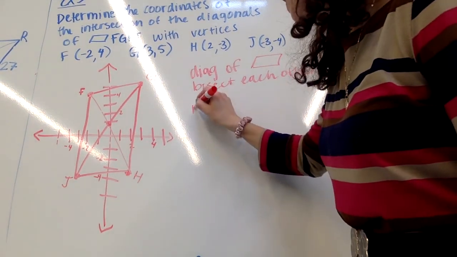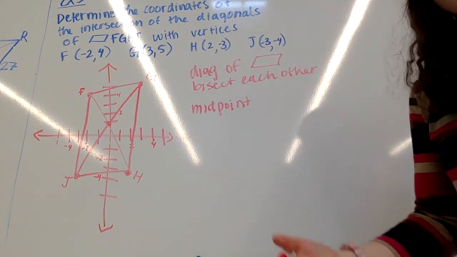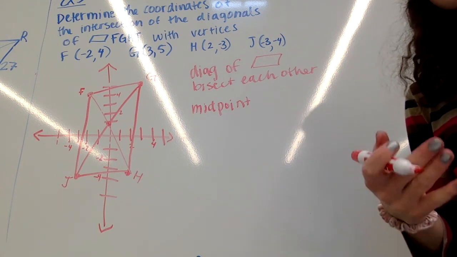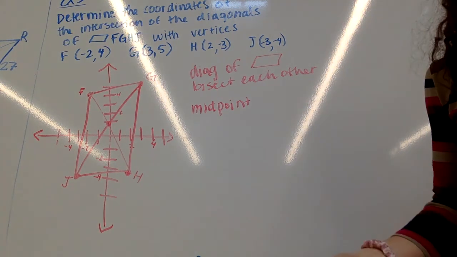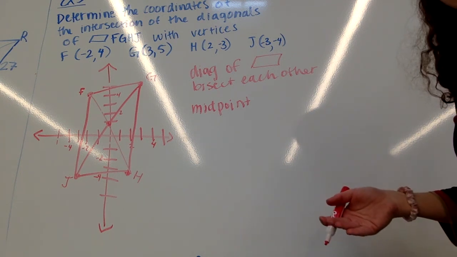So actually, I just need to find one midpoint, the midpoint of either diagonal, and that's the answer. And then to check your work, you can find the midpoint of the other diagonal, and you'll see that it also will give you the same answer, okay?